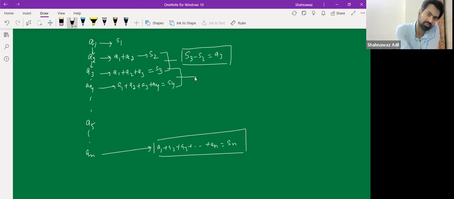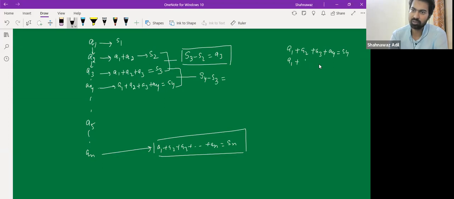S4 is a1 plus a2 plus a3 plus a4, and S3 is a1 plus a2 plus a3.